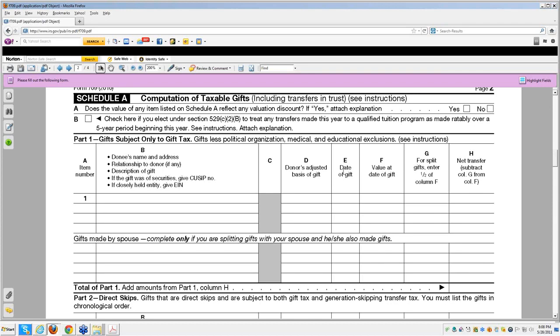What is the adjusted basis of the gift? The adjusted basis of the gift is the capital transfer, which is the amount of the mortgage. Right.